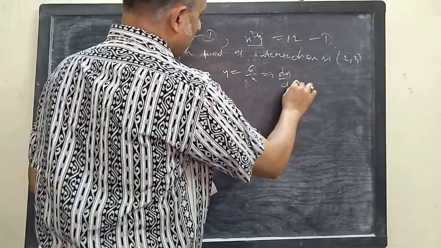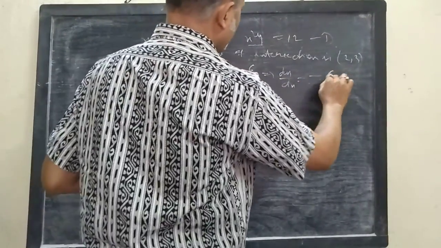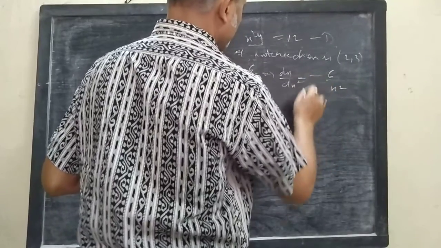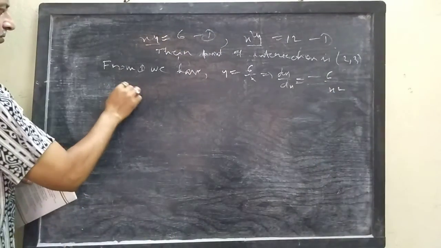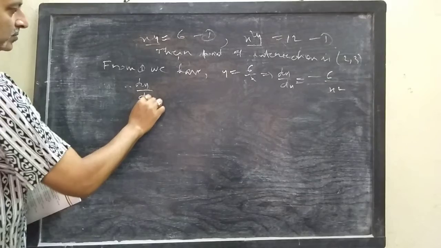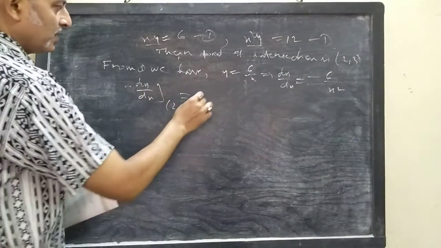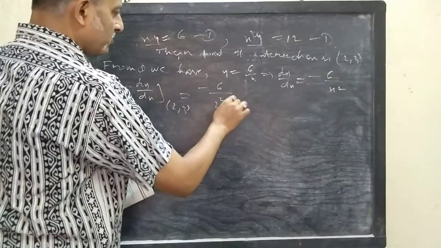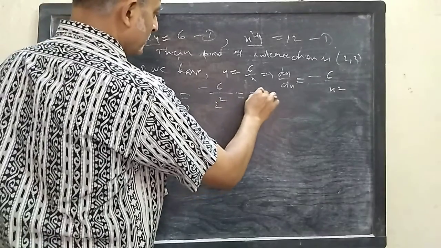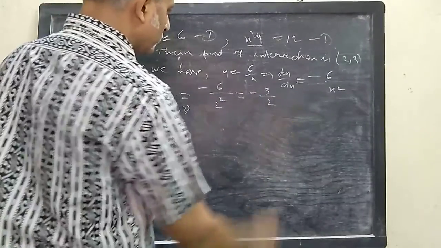That implies dy/dx equals minus 6 by x square. Therefore, dy/dx at (2, 3) will be minus 6 by 2 square, that is minus 3 by 2.